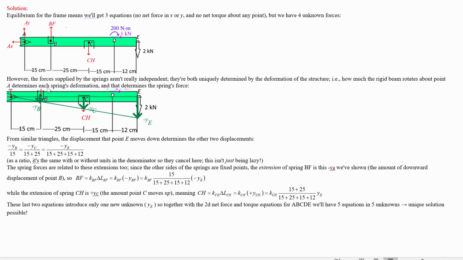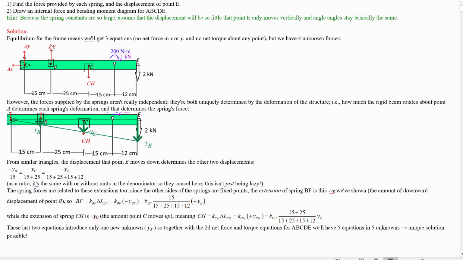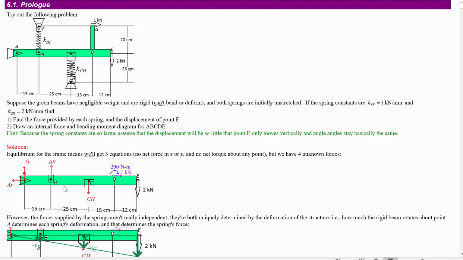So now, if we return back to this system, when we have our 3 equations from the 2 force equations and 1 torque equation and 4 unknowns, it wasn't solvable. We couldn't find a unique solution. But now that we've figured out that these 2 reaction forces, BF and CH, have to be related, right?